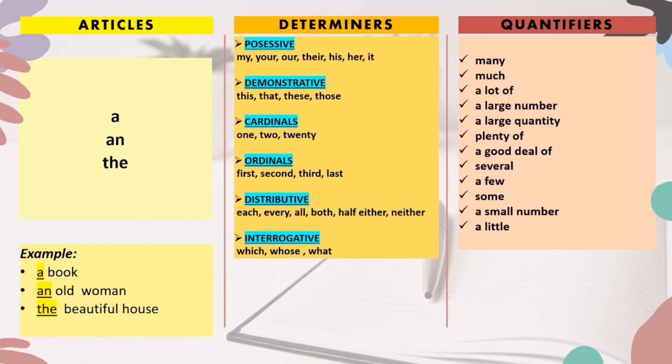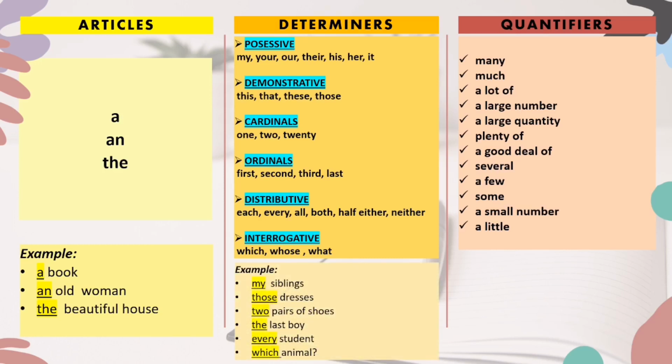You have determiners before the nouns like my siblings. Okay, my, 我的兄弟姐妹. So my siblings. Those dresses, 那些裙. Those dresses. 2 pairs of shoes. The last boy. Every student. Which animal? See, so these are called determiners.